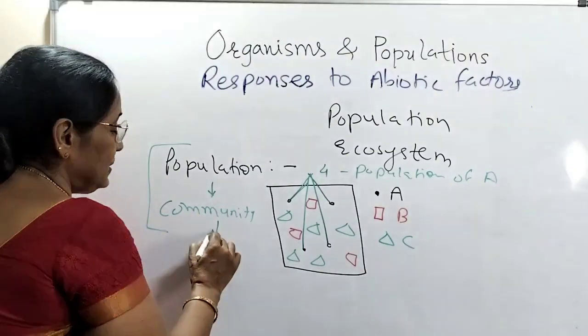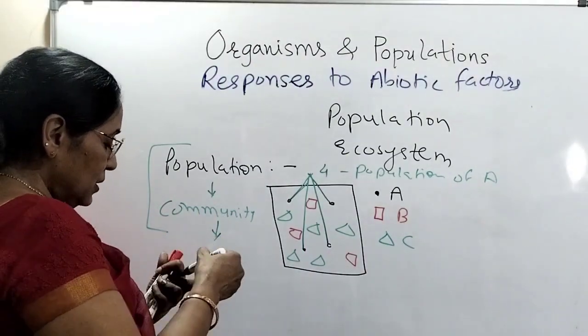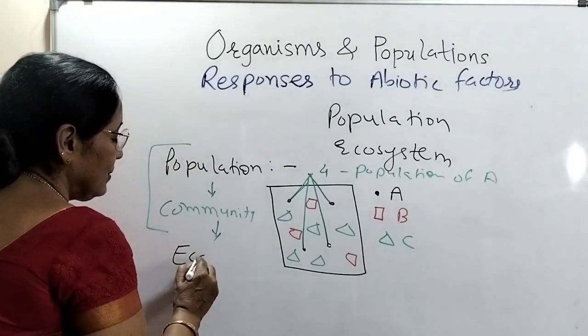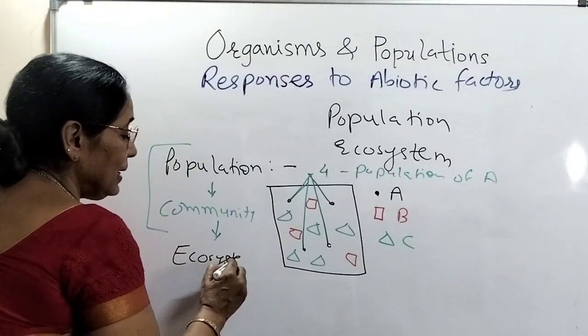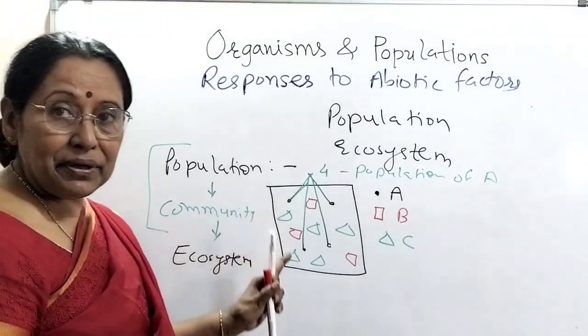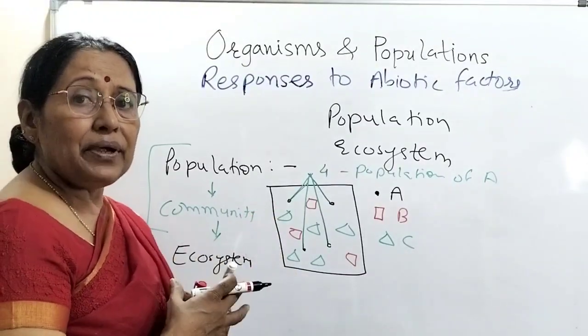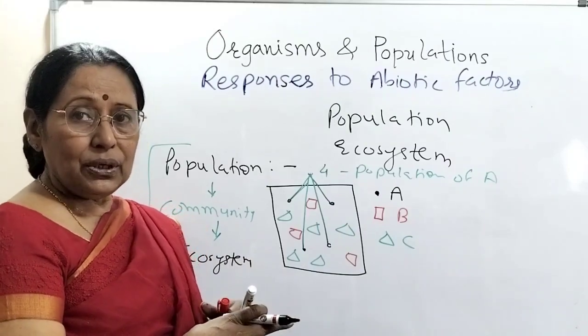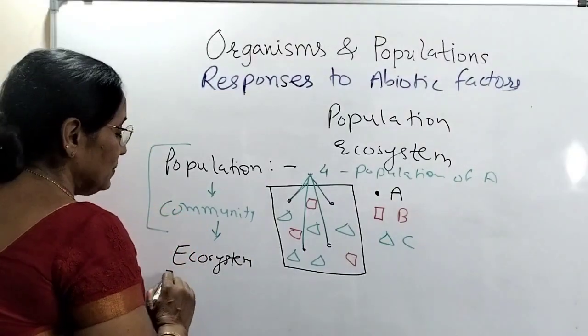Then the next hierarchical level is ecosystem. What is ecosystem? ये सेम जगह है. पहले हम कंसिडर कर रहे थे सिर्फ the living organisms. Now when we consider together with the biotic factors the abiotic also, then we call it ecosystem.